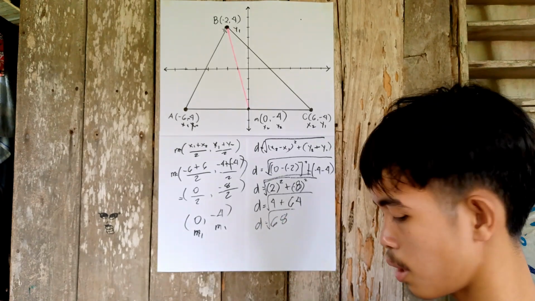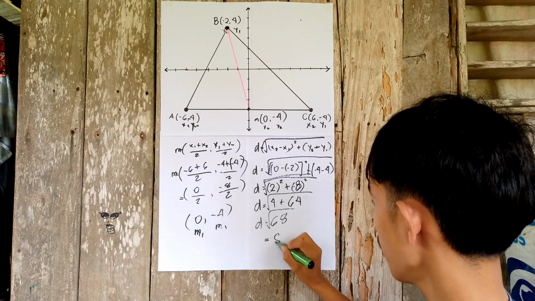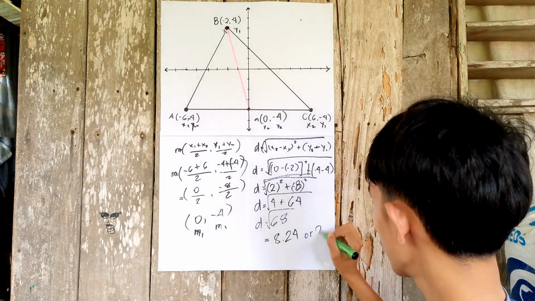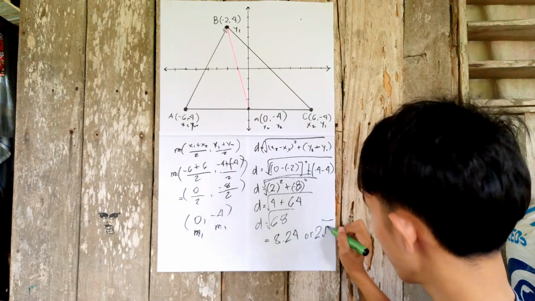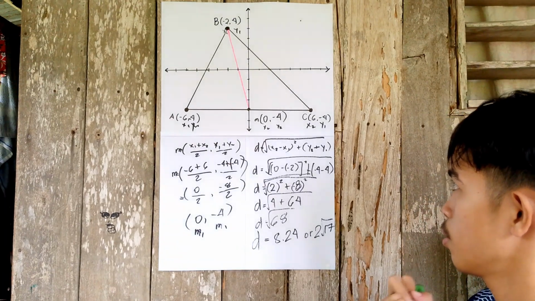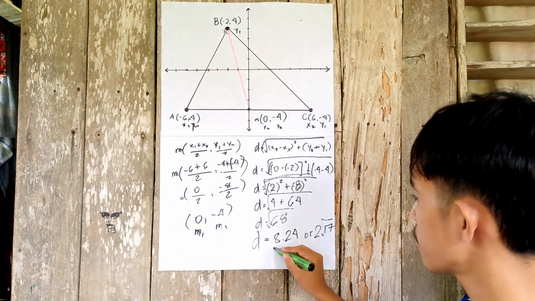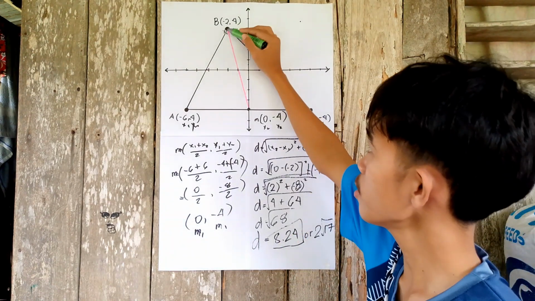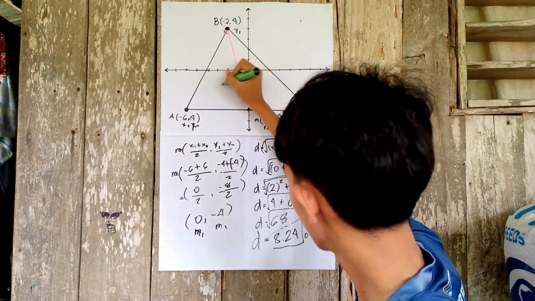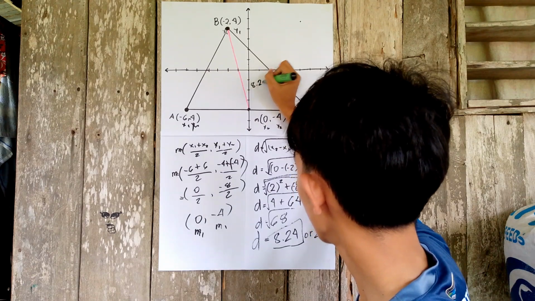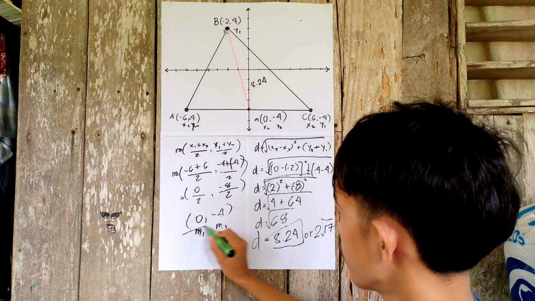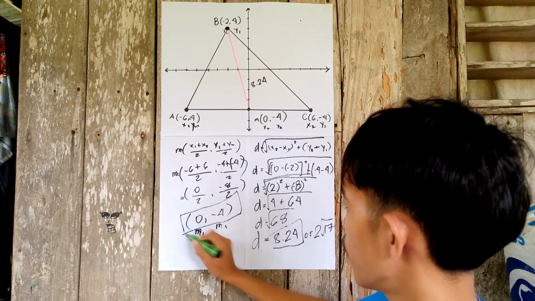The square root of 68 is equal to 8.24, or 2 square root of 17. So now, our distance from this vertex to the midpoint of the opposite side is 8.24. And our midpoint is 0 and negative 4.